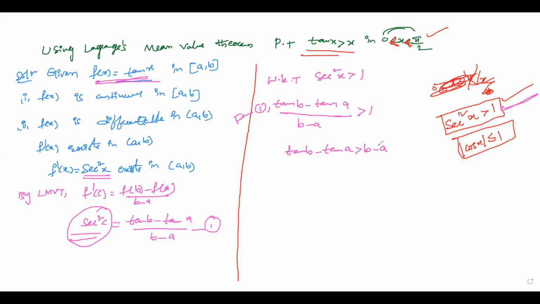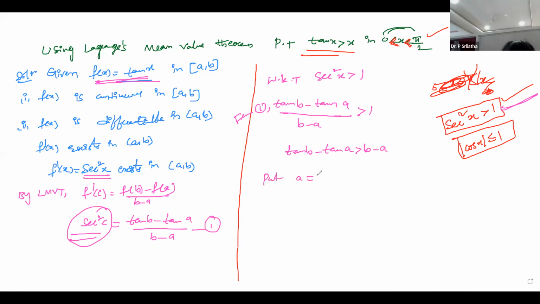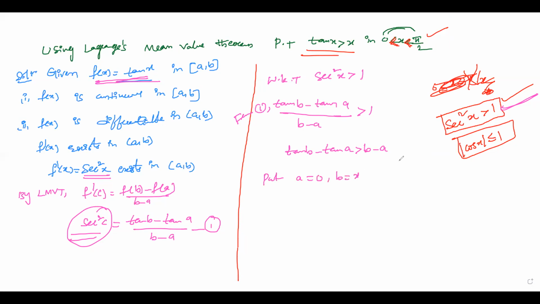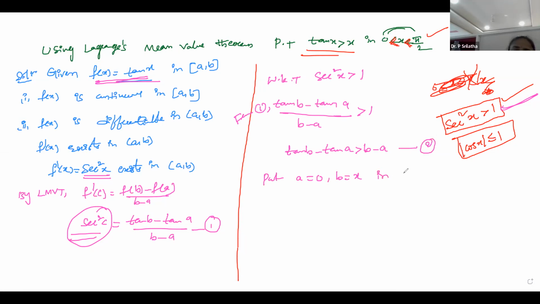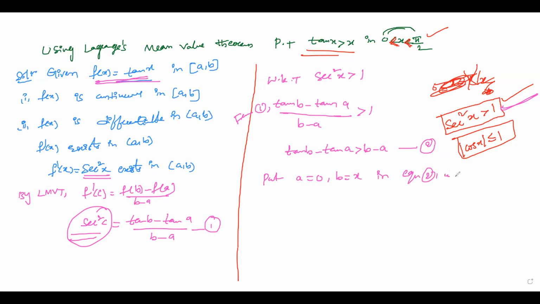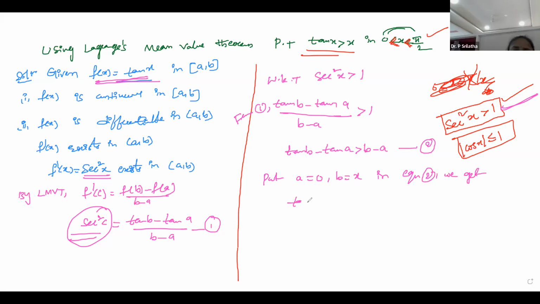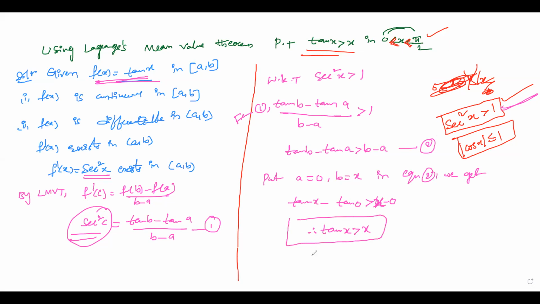A is 0, b is x. Put a equal to 0 and b equal to x in equation 2. We get tan x minus tan 0 is greater than x minus 0. So tan x is greater than x. Hence proved.